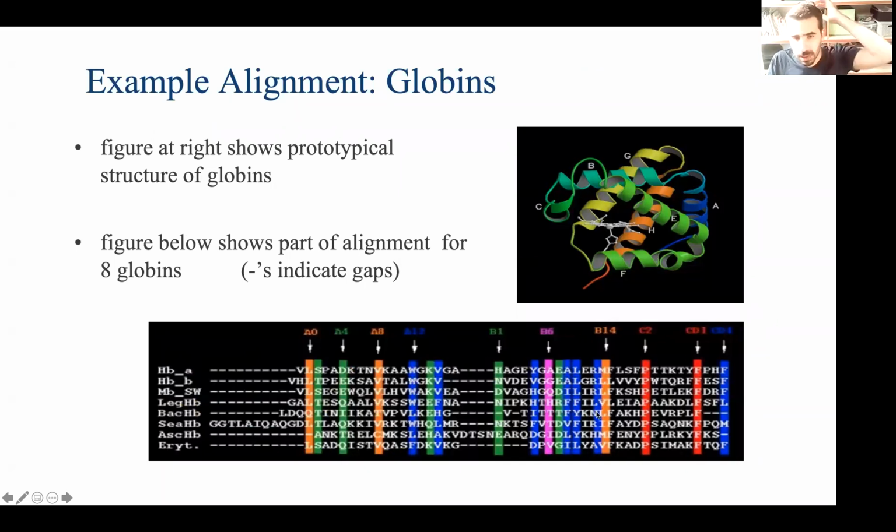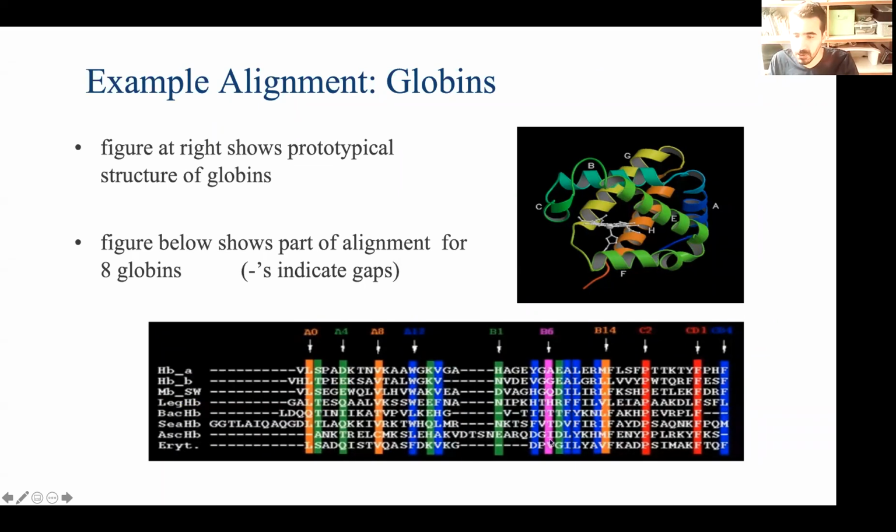Okay, so this is basically an example alignment. This is not a pairwise alignment, but a multiple sequence alignment, but what I would like to show you is the gaps here. You have to introduce gaps because there's an insertion here, an obvious insertion. And for example, there is a deletion here, right? And this is also an obvious deletion. So this is one thing that I would like to show.